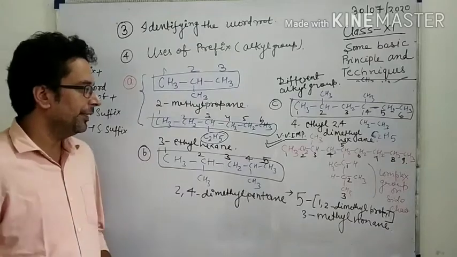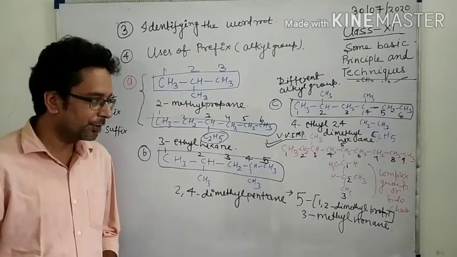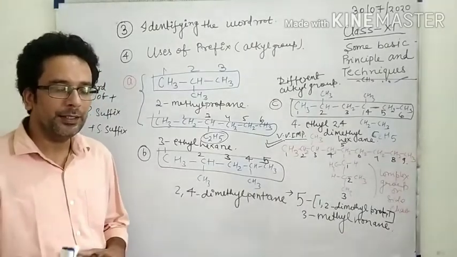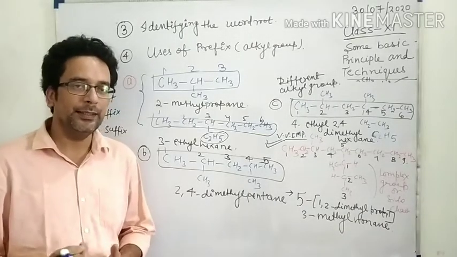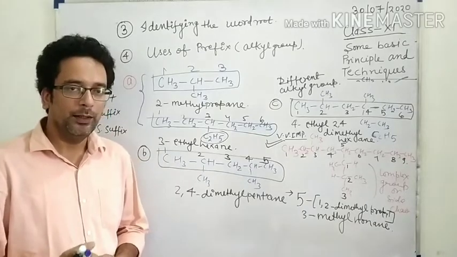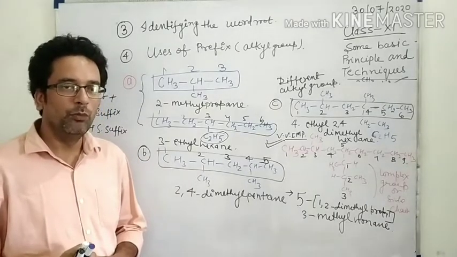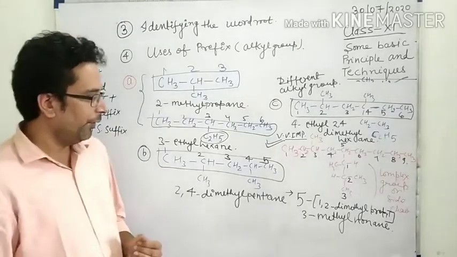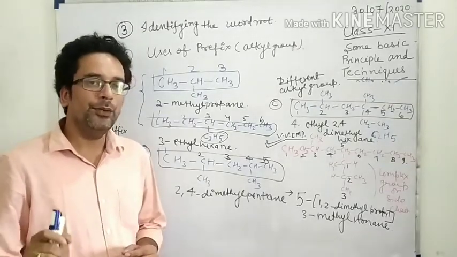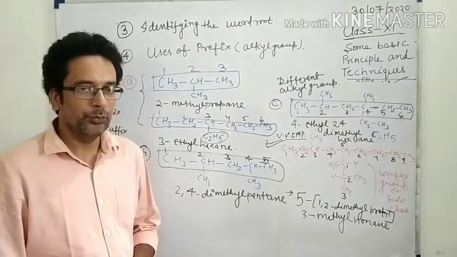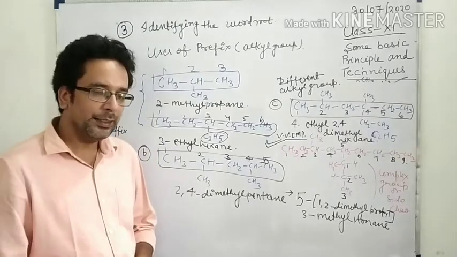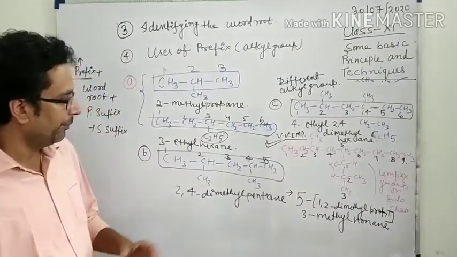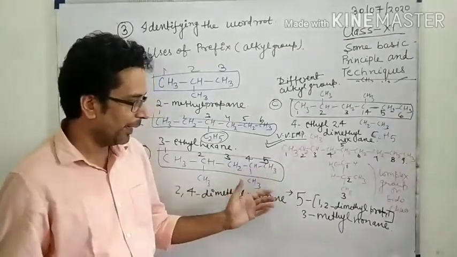Okay, so when a complex substituent is present in an organic compound, how can we identify that complex substituent? It has more than 2 carbons. Okay, so first we write the name of the complex substituent, then the other substituents, and then the primary suffix.